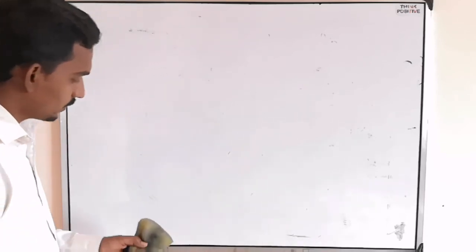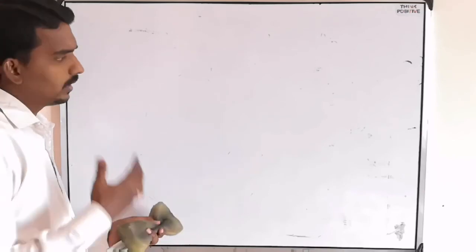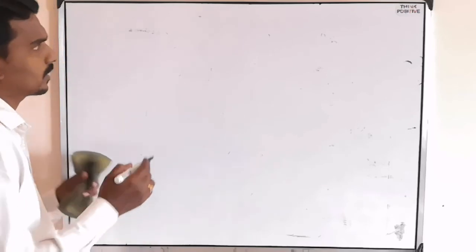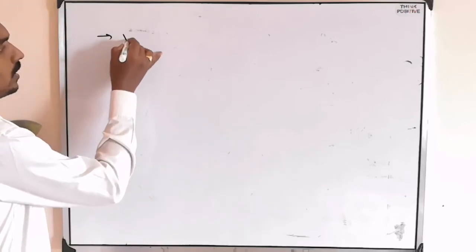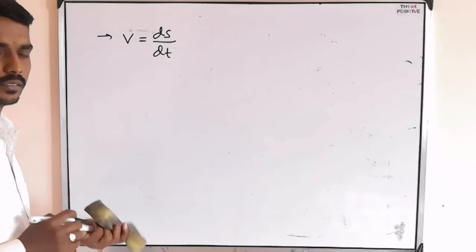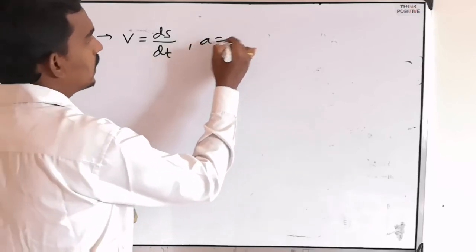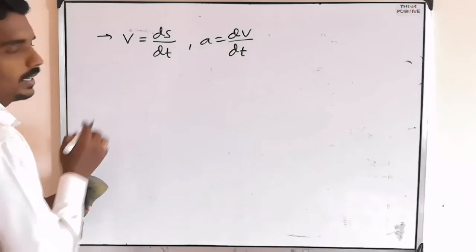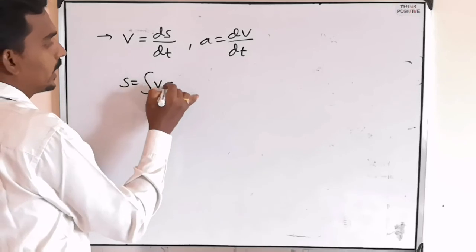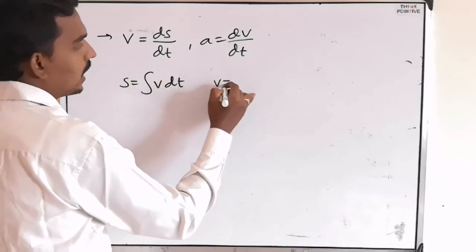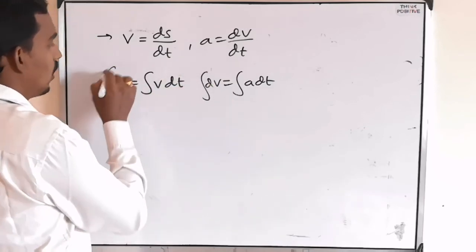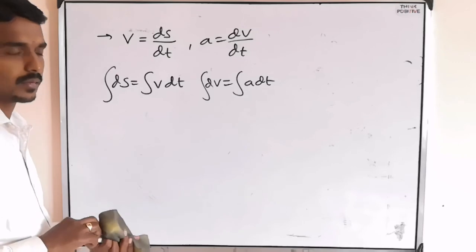Now let me explain one more thing. I said velocity is ds by dt, and acceleration is dv by dt, and displacement is equal to integration of v dt, and velocity is integration of a dt, or else integration of dv, or else integration of ds.